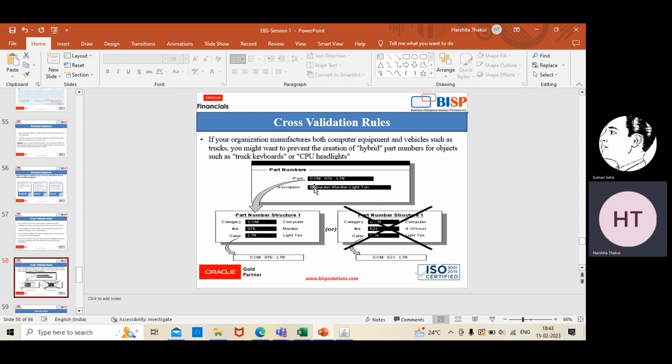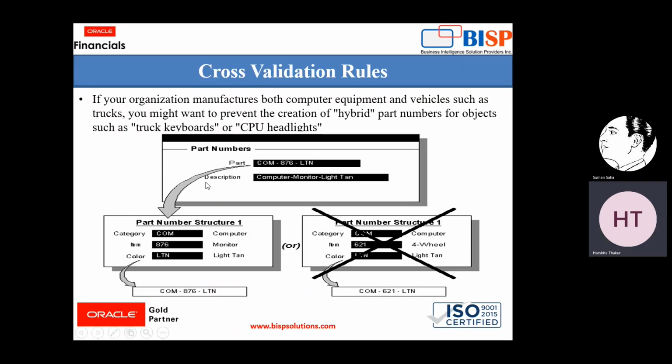So here you can see the example: in part number, computer monitor light 10 is coming. So what is the valid combination? Computer with the monitor 873, and here the color is light tan.